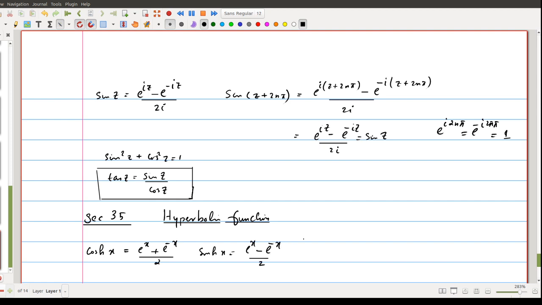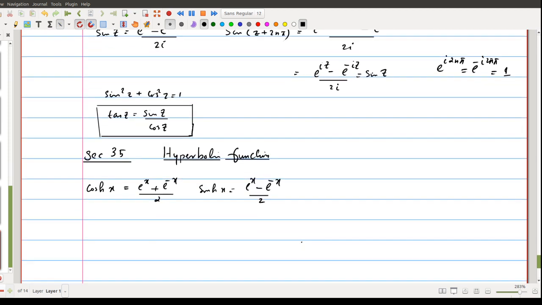So using these facts, we can easily define complex hyperbolic functions as cos hyperbolic z as e to the power z plus e to the power minus z divided by 2, and sin hyperbolic z as e to the power z minus e to the power minus z divided by 2.